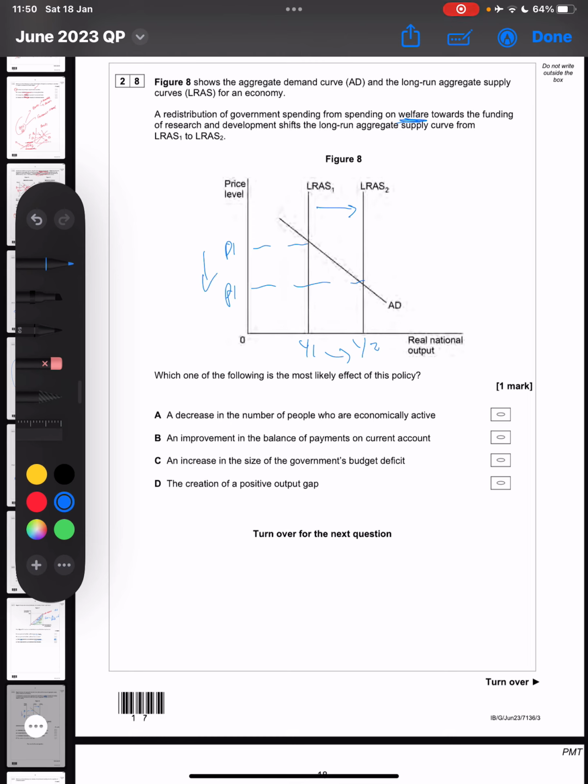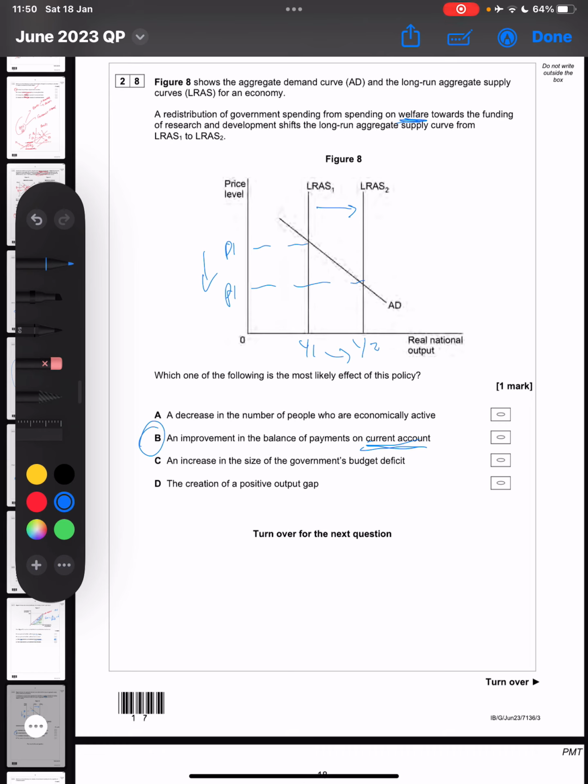Prices are falling makes me think it could be B, because you should be selling more exports inside your balance of trade. But let's double check that, because that could happen, but it's not super related to what would be the most direct impacts.